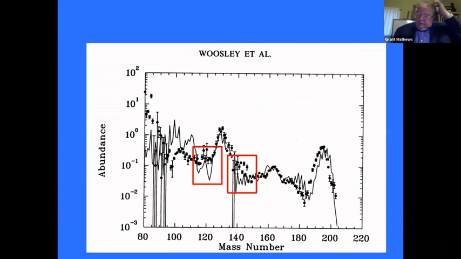One thing I wanted to mention is some of the progress that has been made in understanding details of the R process. This is an old R process figure from our 1994 paper on the neutrino-driven wind, but a recurrent problem has been that R process calculations tend to underproduce regions above and below R process peaks.